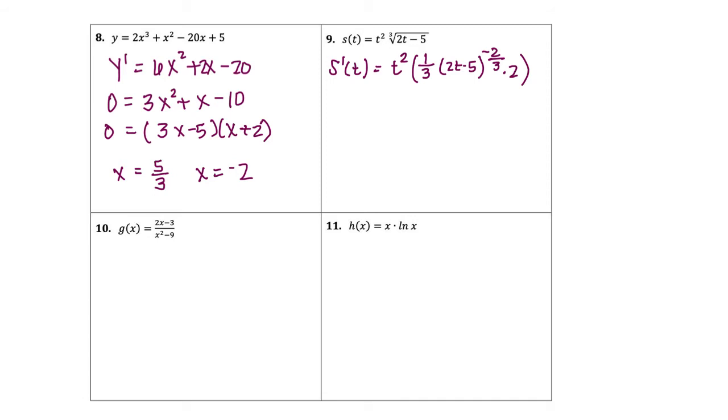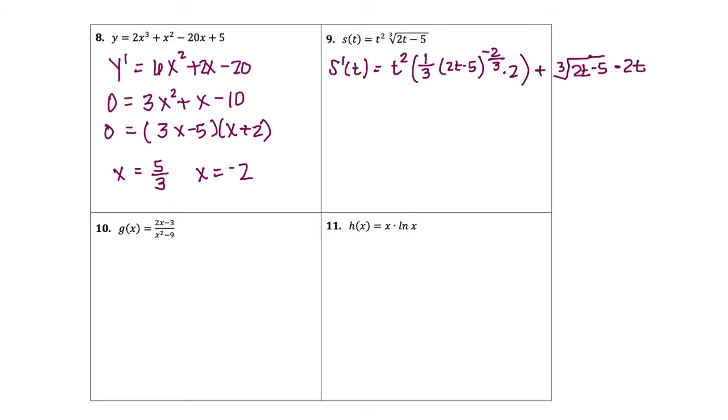That times 2 is from the derivative of the inside, so that's first times derivative of the second, plus second, which is the cube root of 2t minus 5, times derivative of the first, which is 2 times t.